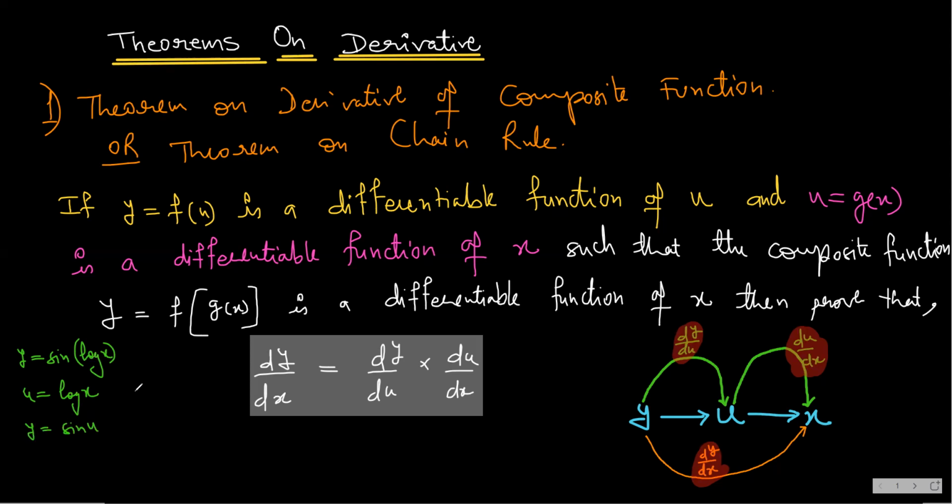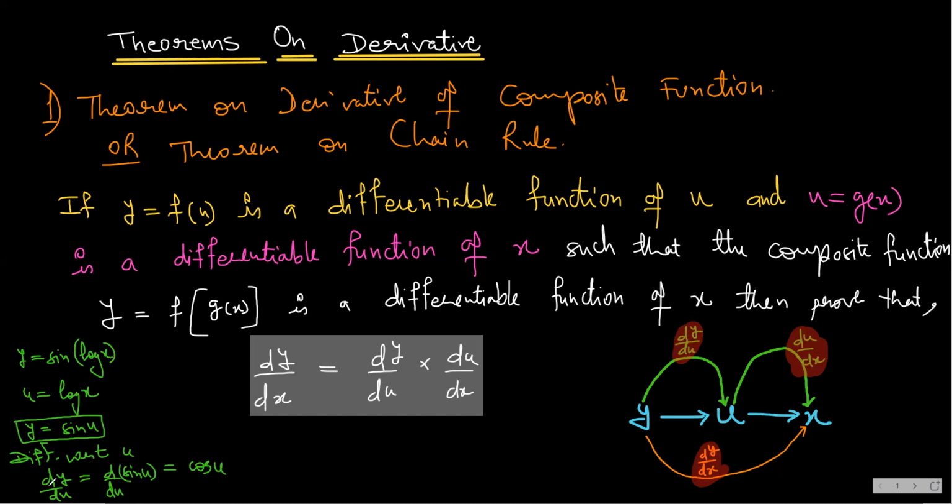Now since you have y as sine of u, you differentiate with respect to u. When you differentiate this with respect to u, what do you get? d by du of y, which is d by du of sine u. That is cos of u.